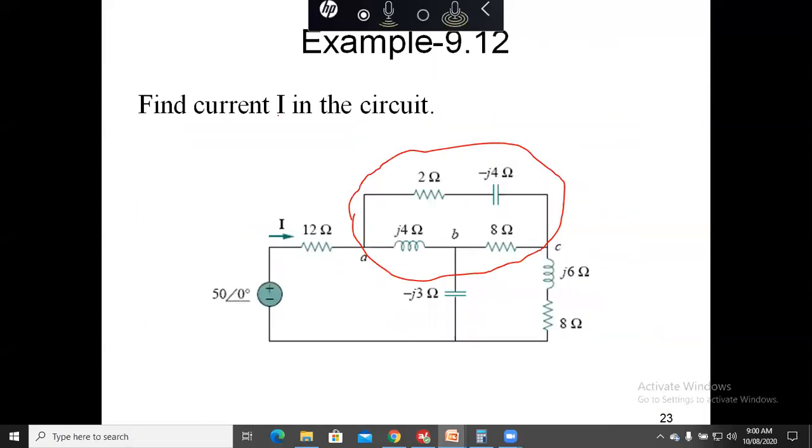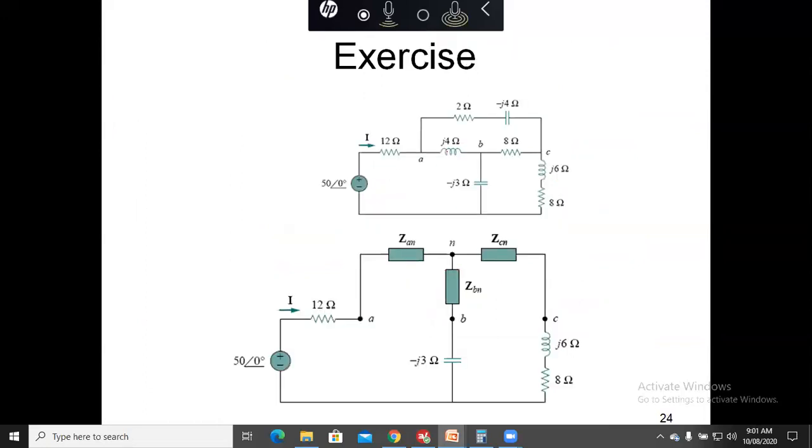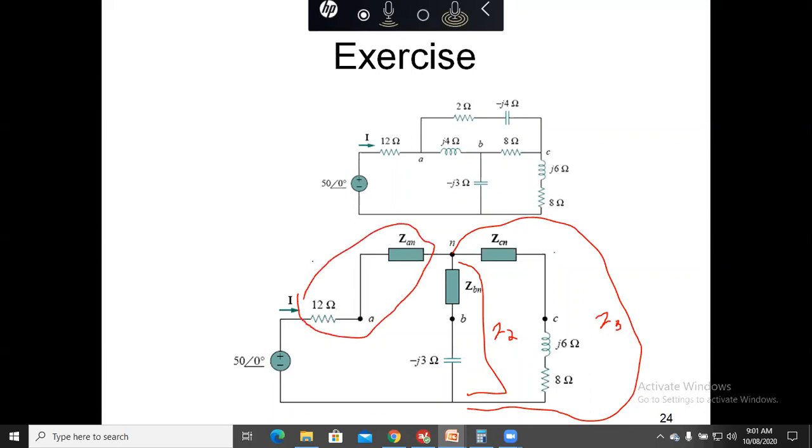After this delta to Y conversion, we have this equal to Z2, and from this point to this point, this is equal to Z3, and this is in fact equal to Z1. So this is Z1 plus Z2 parallel to Z3.